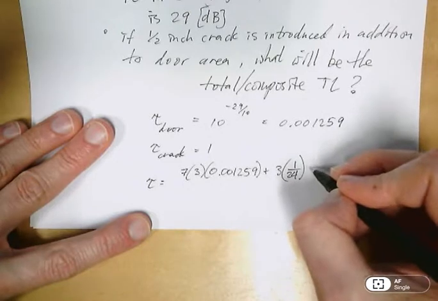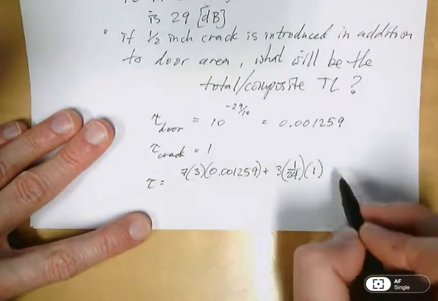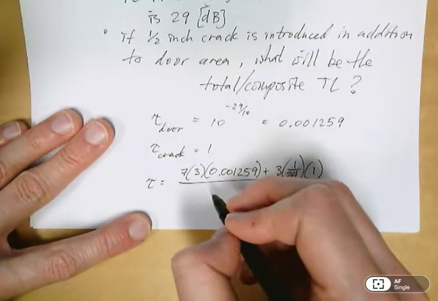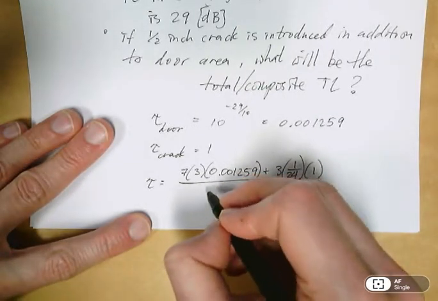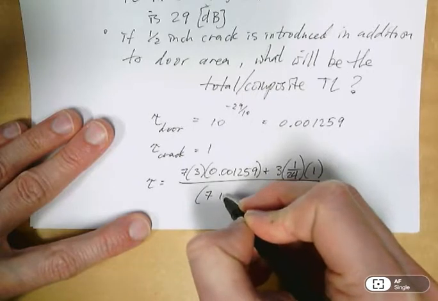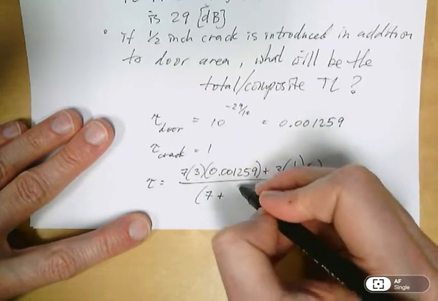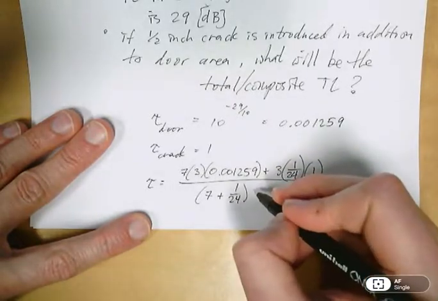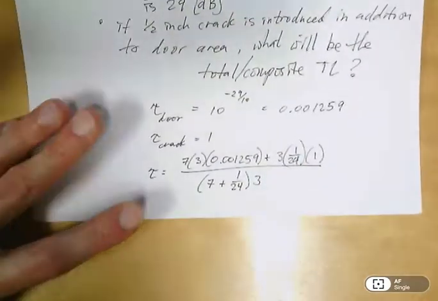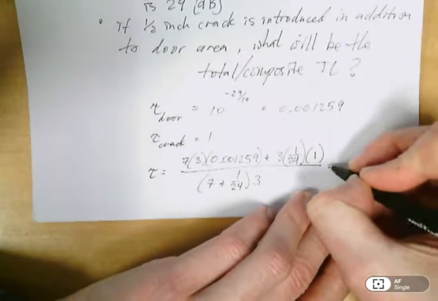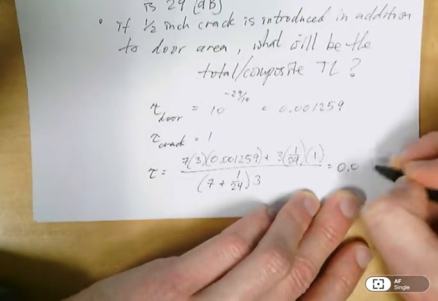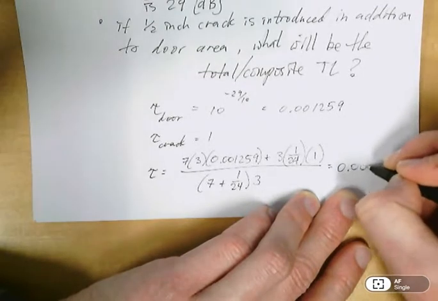Transmission coefficient is 1. So that's in the numerator. The overall area is in the denominator. So we have 7 feet in one direction and 1/24 added to that, and they both share a 3-foot height, or width rather, and that composite transmission coefficient is 0.007169.